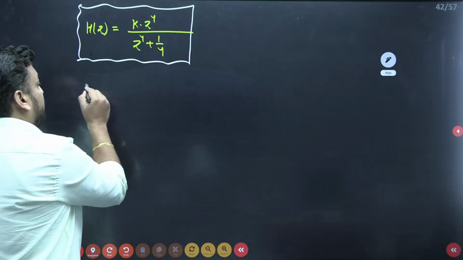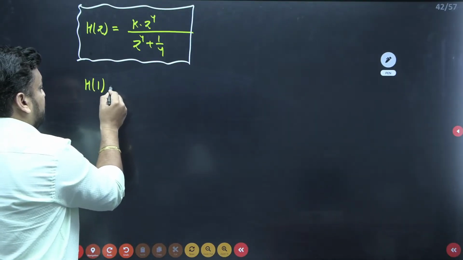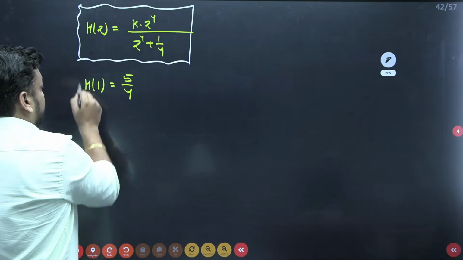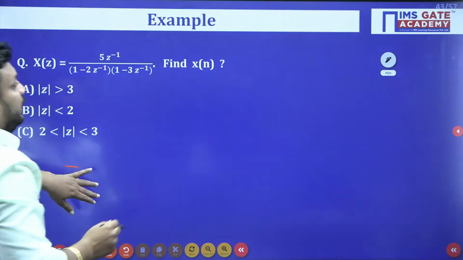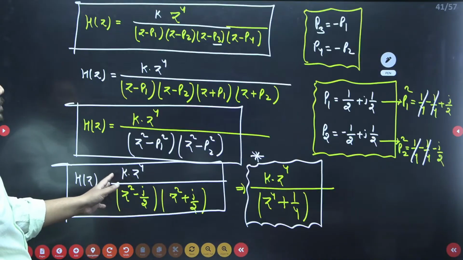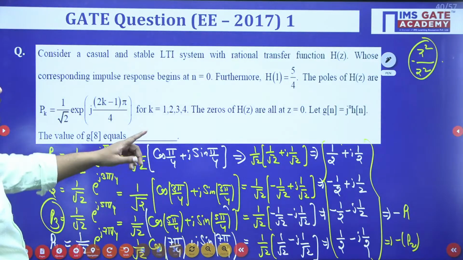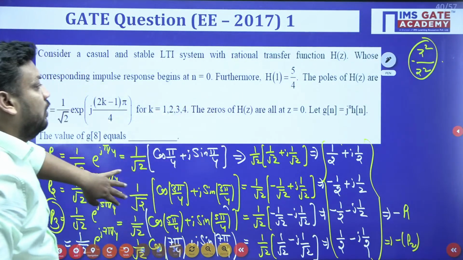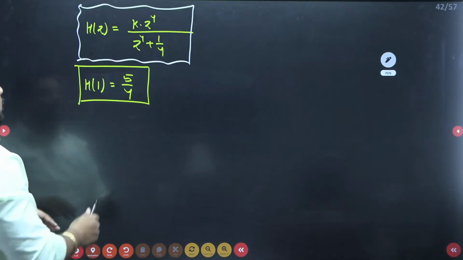Now this is my final function and H(1) value is given to me as 5 by 4, so that we can identify the unknown value k. It is given capital H(1), it means z equal to 1.